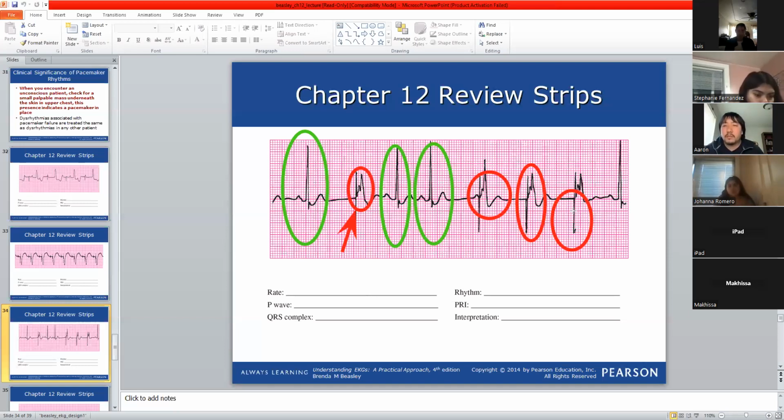Aaron, share with me. The QRSs with the red circles, right? The second QRS is wide and bizarre. Very good. So this means what?